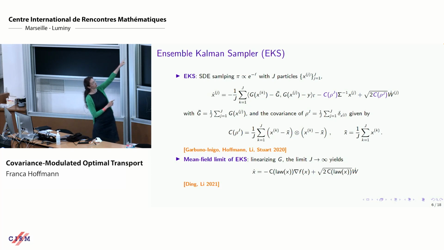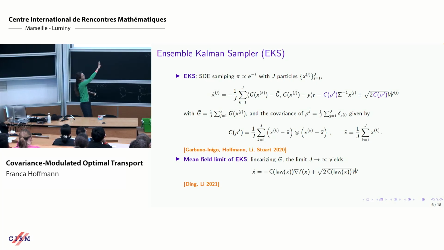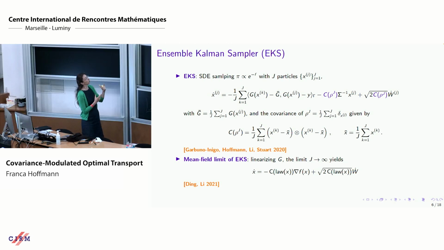If you just look at this first sum, the first part of it, so forget about the last two terms, then what this is basically doing is two things. One is that you have the g of xk minus g bar, which is the mean, right? So this is driving particles towards the mean of the g.